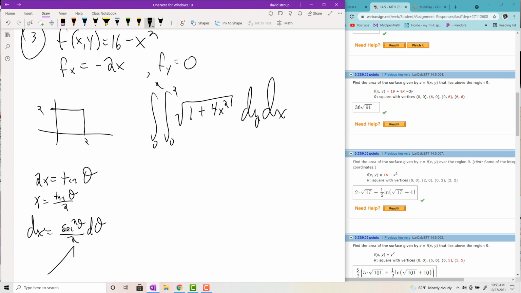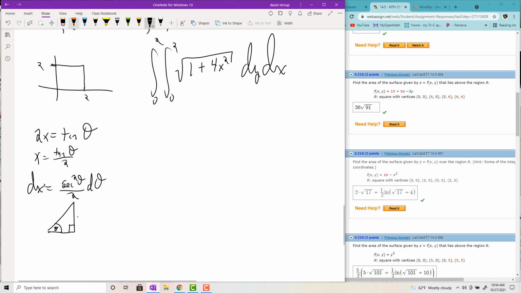And if we need to convert back, I need my triangle. I should have solved for theta first. So theta will be tan inverse of 2x. So I get my triangle. There's my theta.